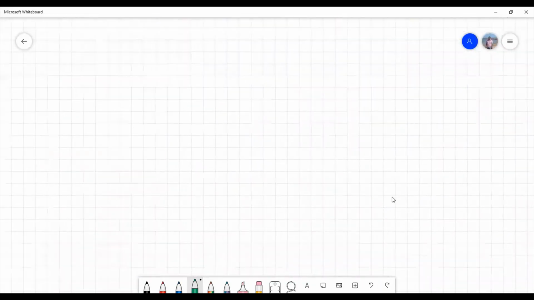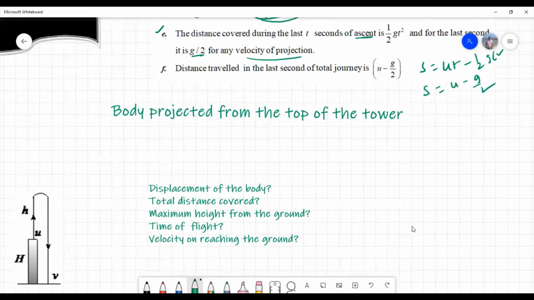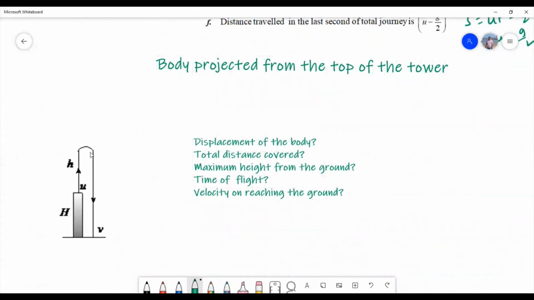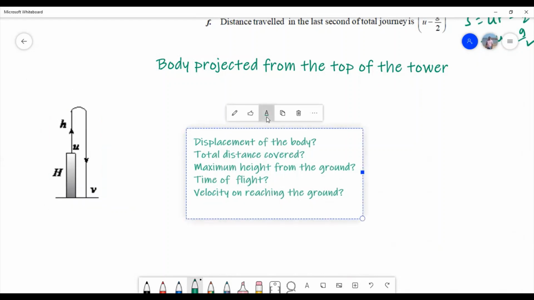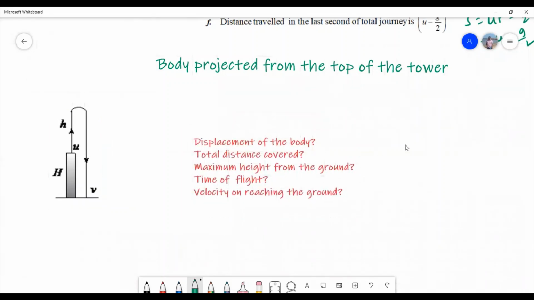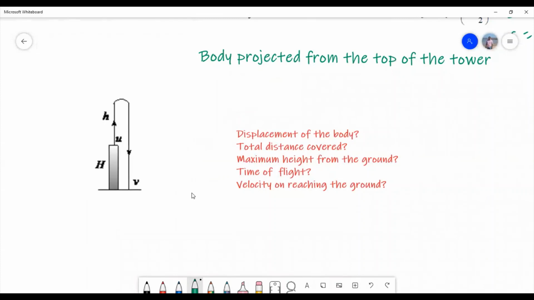Now, instead of projecting a body from the ground, if I project it from the top of a tower, what will happen? Let us see, and we have to discuss some important points here. Consider a tower whose height is h. I am projecting a body from the tower with a velocity u.